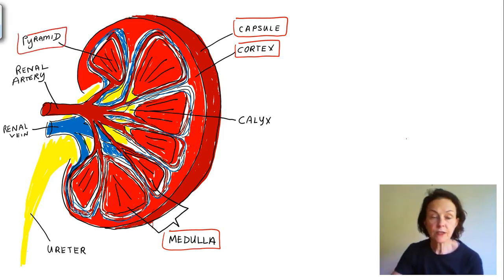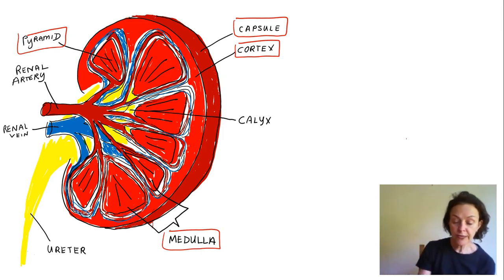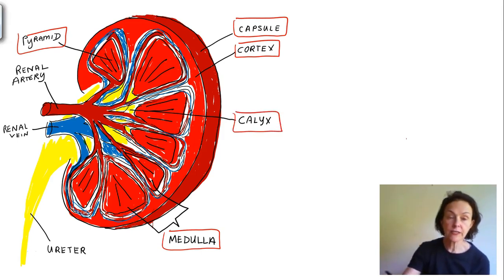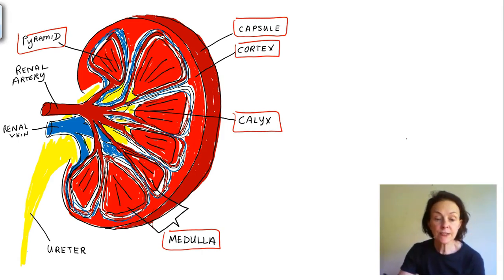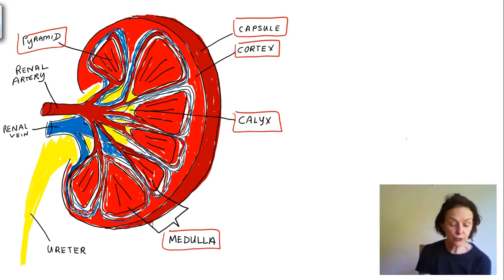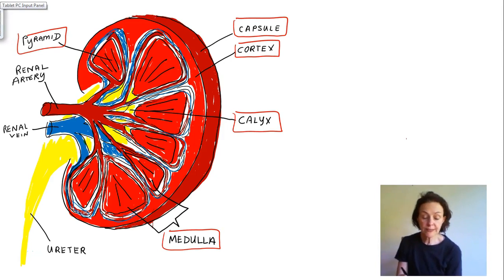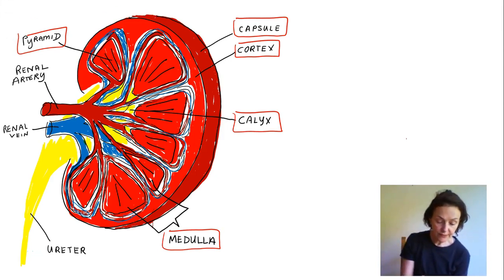And the pyramids are where much of the filtration takes place. The urine resulting from filtration in the pyramids is going to drain into the calyx, which is shown here in yellow. And then the calyx drains into the renal pelvis. And the renal pelvis is not labeled here.